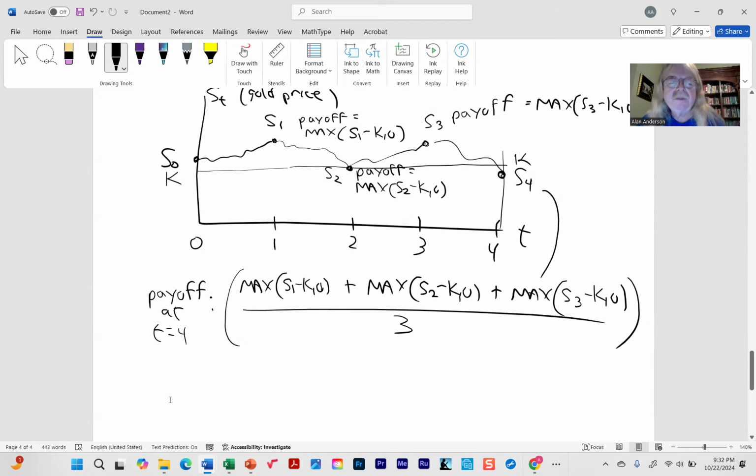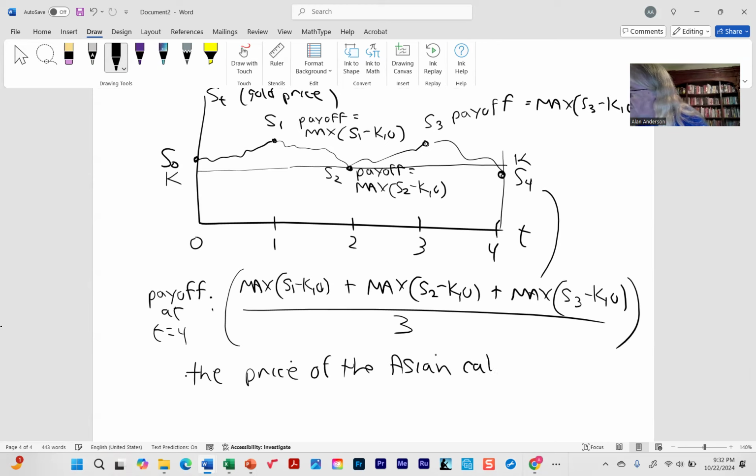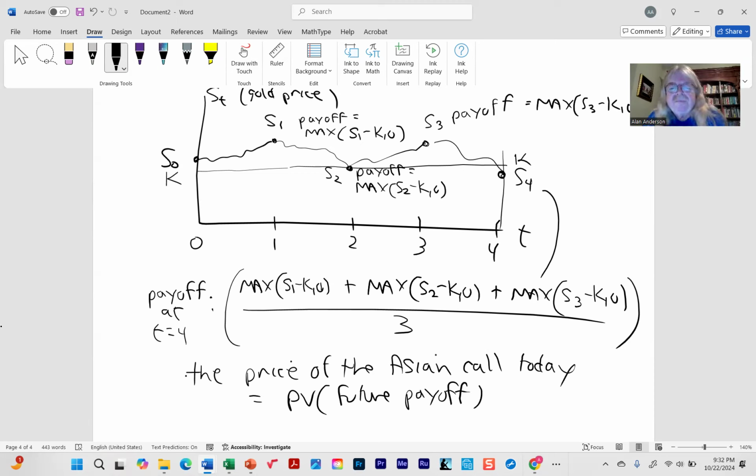So today's price, and this is true for all option pricing models, is the present value of the future payoff. Now, here's the thing. The way I've structured this, it makes no difference where the gold price is at the maturity date.